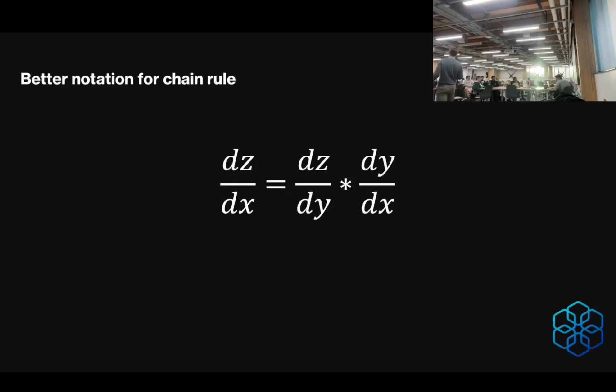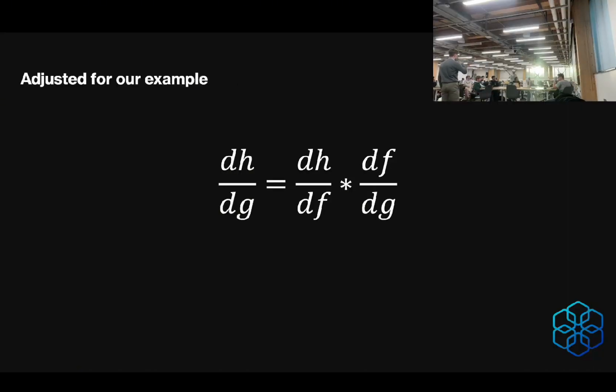So in our case, W1 is going to be x, z is going to be the loss, and y is going to be z. Because that's confusing, I changed it up in the next slide so that in our case, g is going to be W1, h is going to be the loss, and f is going to be z.